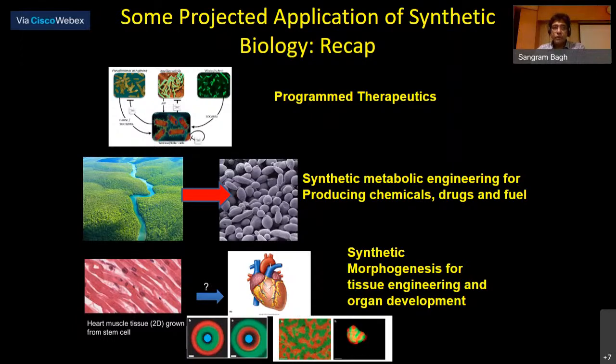You produce chemicals which previously you needed to extract from plants or other animals. Now you can probably do that in bacteria or yeast, and it has enormous potential because you can develop any chemicals, drugs and fuels.